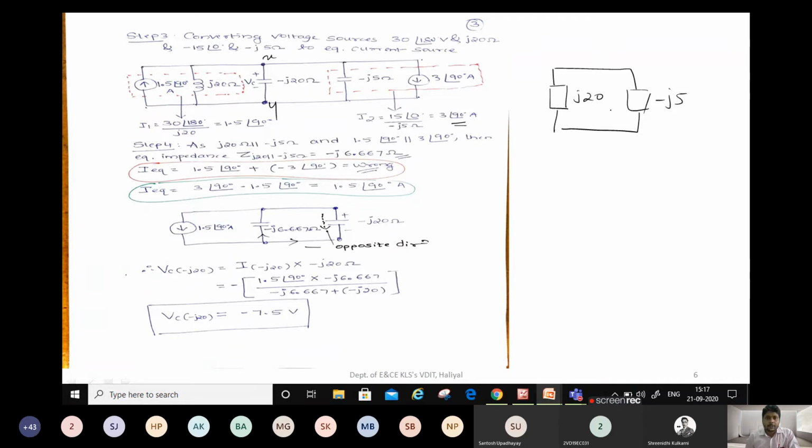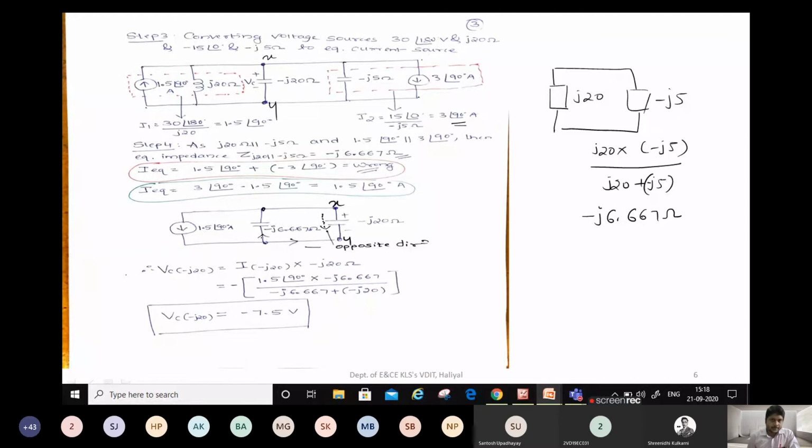If you calculate the parallel equivalent of these two, with the same approach, you have to do J20 multiplied by minus J5, divided by the sum, that is J20 plus minus J5. If you calculate this, what you will be getting is this value, minus J6.667 ohms. Okay. So we have shifted X and Y here.